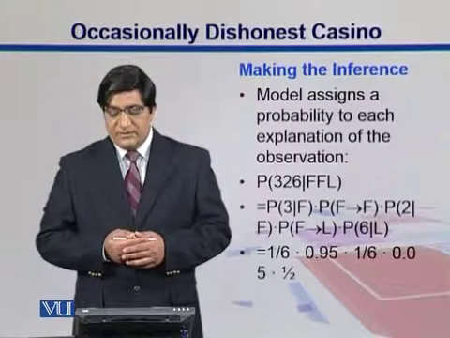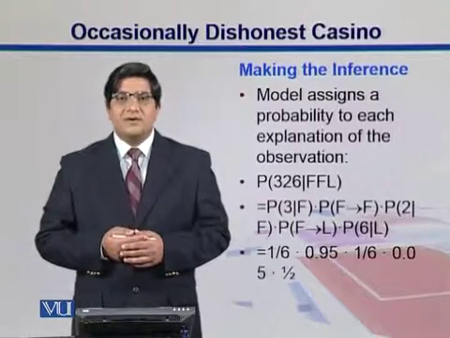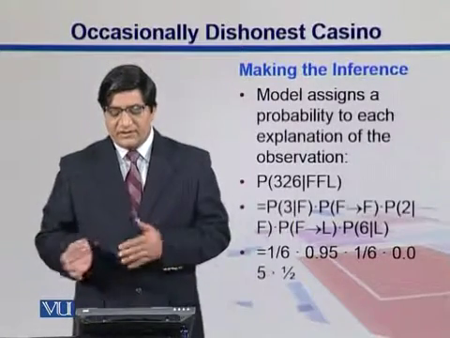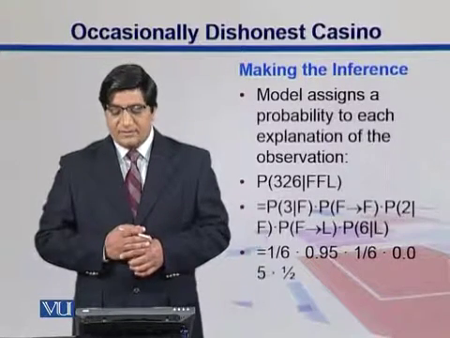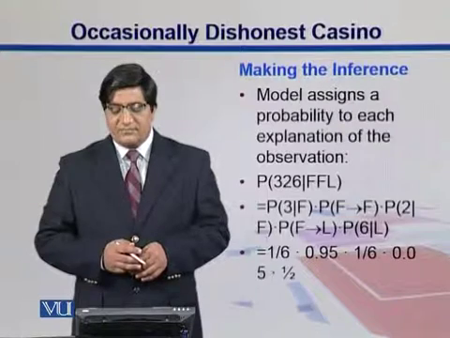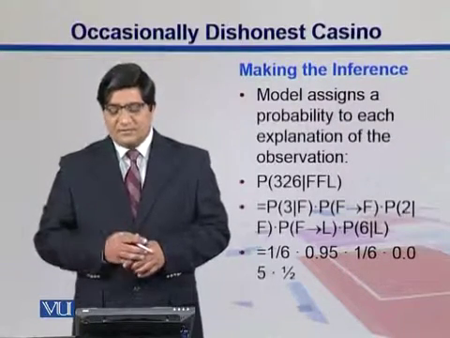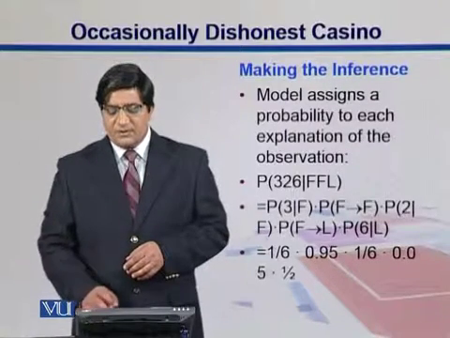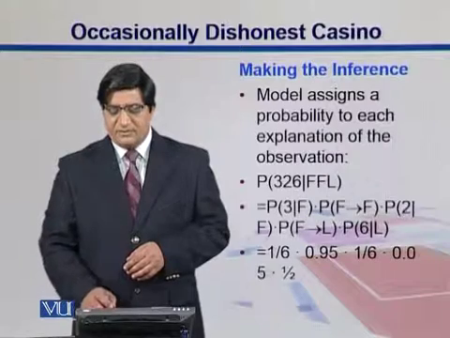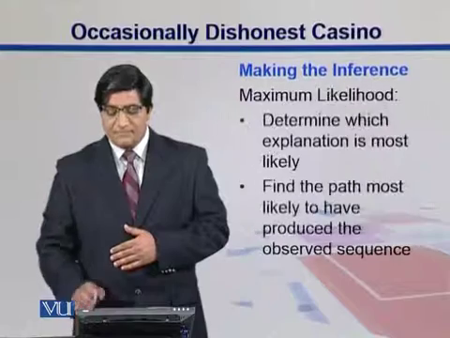Then we have 2 while we are in that fair state, and then we use the probability of moving from fair to loaded. In that case, we can get the probability of the numbers 3, 2, and 6 while their states are fair, fair, and loaded. So for this sequence we can get the probability of the whole sequence by plugging in these values.